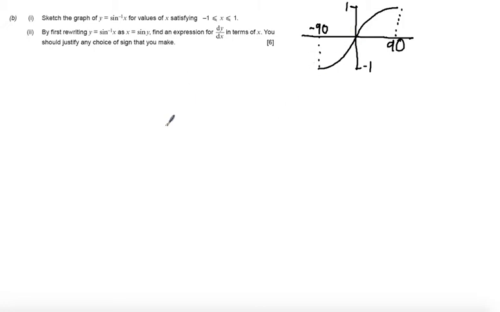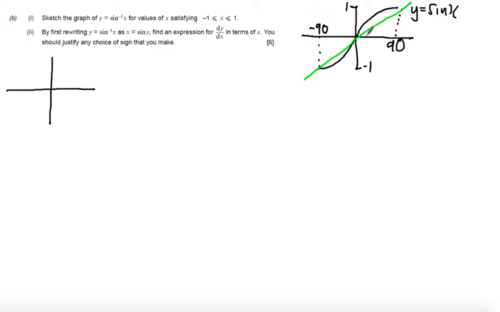Okay, so now to do the inverse function, what I'm going to do is reflect it in the line y equals x. So if this is y equals sine x, then when I reflect it in the line y equals x, the graph that I get, well, this flips round. Actually, I'll do it on here. If we had the line y equals 1 over x, it's like this.